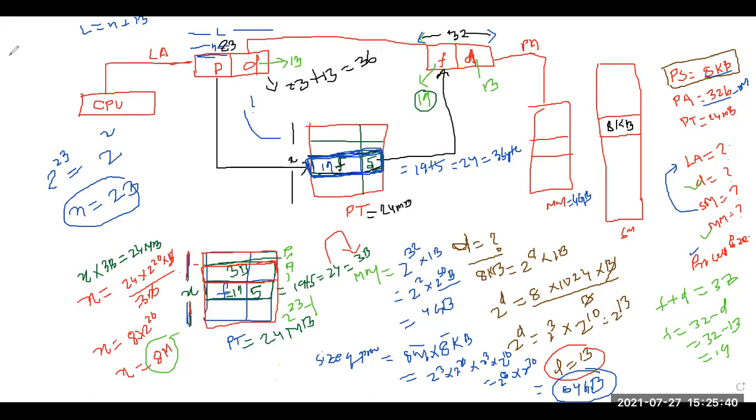What is the size of secondary memory? 36 bits are used. 64 GB.